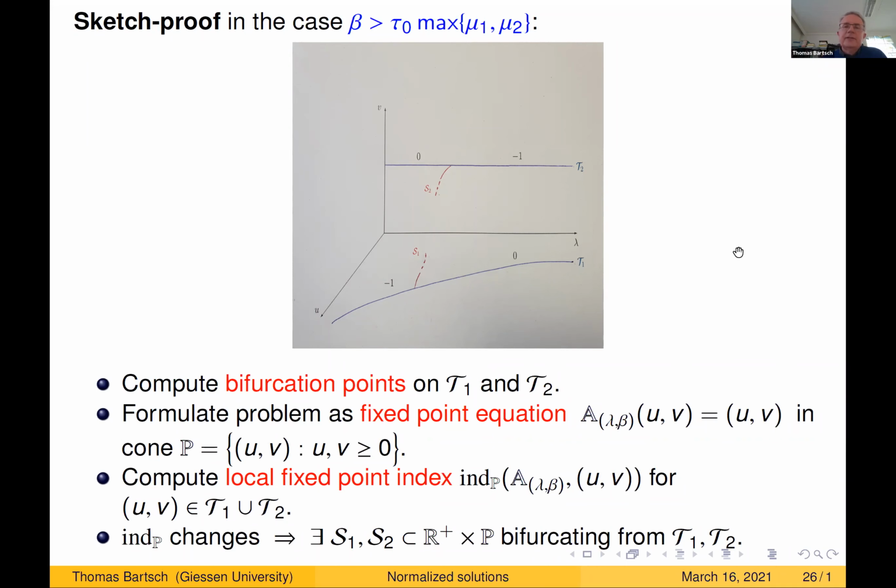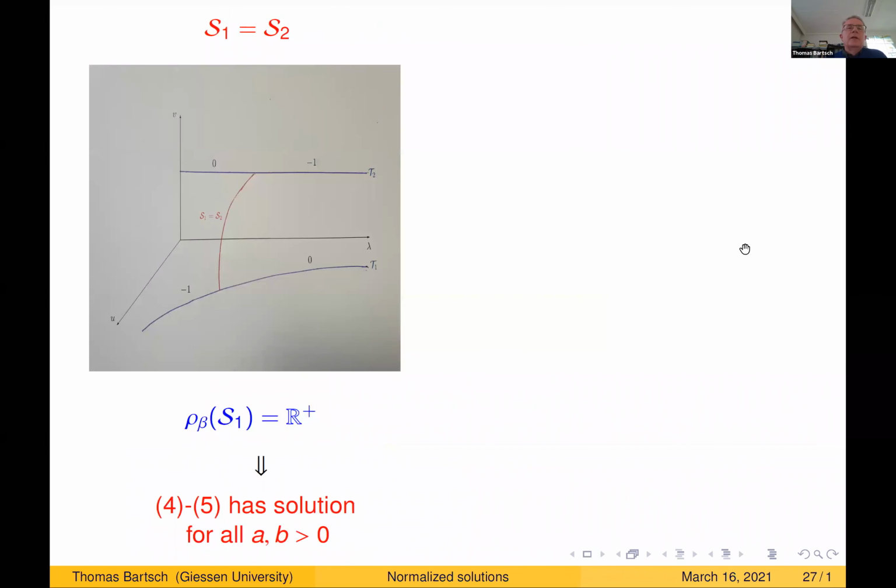And now there are several possibilities. It could be that the branches connect, but this means that then this rho sub beta is equal to R plus. This is obvious. What is rho sub beta of an element lambda, u, v on this branch? You simply take the L2 norm of u divided by the L2 norm of v.